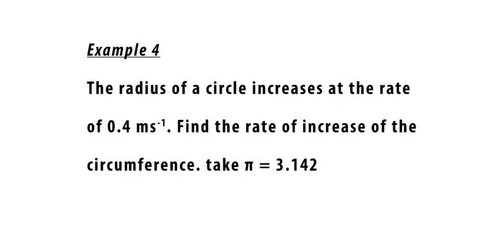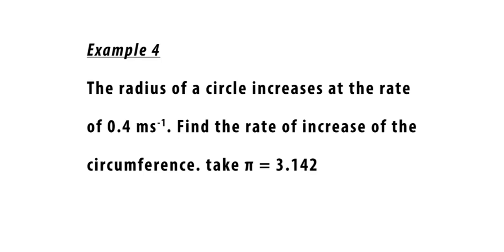Let's take another example that is like the previous one. The radius of a circle increases at a rate of 0.4 meters per second. Find the rate of increase of the circumference. I want you to take pi to be equal to 3.142.